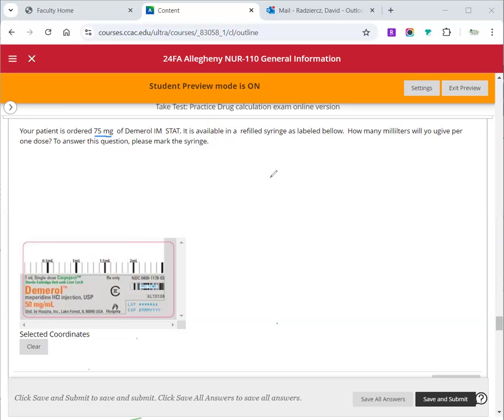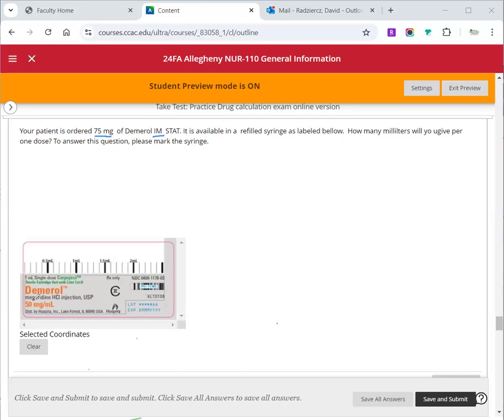So if you're ever taking a test and you're not sure if it's looking for milliliters or micrograms or tablets, capsules, if it tells you intramuscular, it's an injectable and it's a liquid, it's milliliters. Okay. Also, if you pay attention to the syringe or the tubex in this instance, a lot of times it'll indicate milliliters on there.